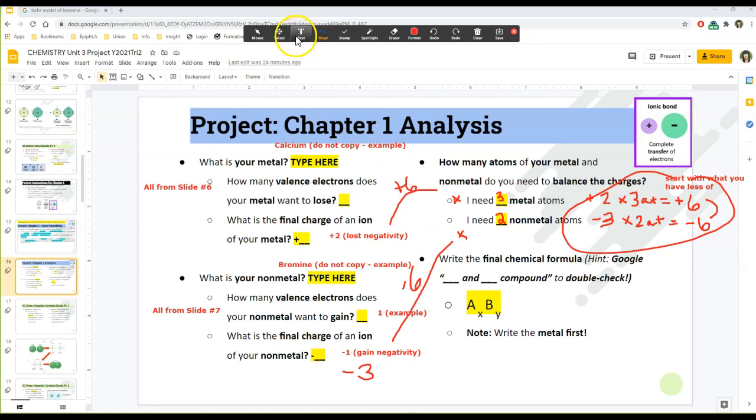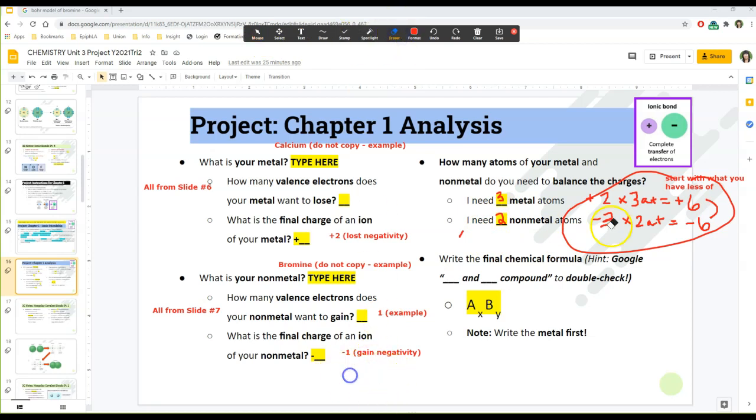And so that would balance off. So again, just think to yourself, whatever I'm multiplying my number of metal ions by, the positive charge, should then equal whatever I multiply my nonmetal atoms by, their negative charge.